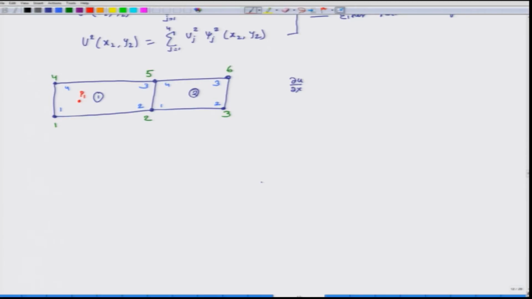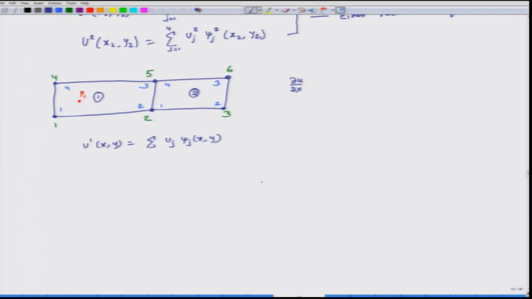So, how do I find the derivative del u over del x at point P1? What is the relation for u for element 1? u for element 1 equals the sum of u_j psi_j (x, y), right.